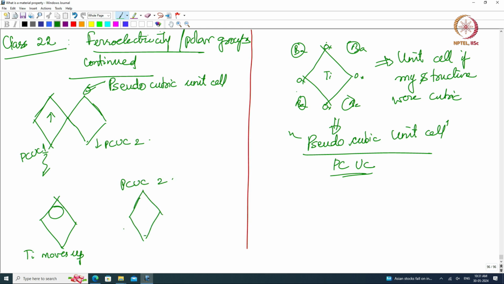what is so special about moving up? It could have moved down also. So, titanium could as well have moved down.